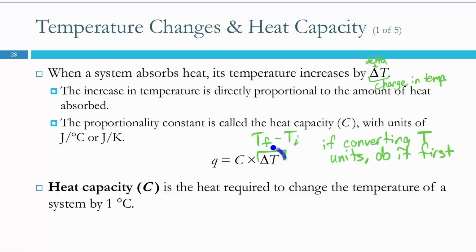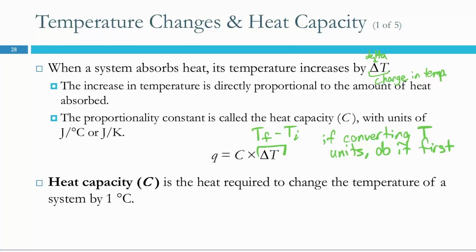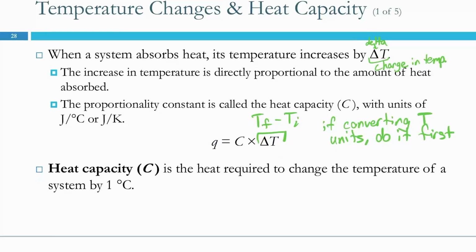Do it before you calculate delta T, otherwise do not try to change it because it will be wrong. Something that I've seen some people do is calculate this delta T with degrees Celsius and then they're like, let's turn it into Kelvin. Don't do that, you'll get the wrong number. That's not how it works. So if you're going to convert these temperature units, you want to do it first before you put it into this Q equals C delta T.